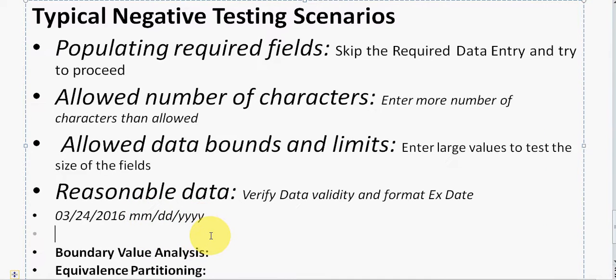Now there may be situations in some countries where the date comes first, then the month, and then the year. So here the month is 3, the date is 24, and the year is 2016. Now if there is a user who is using this format, then it's 3/24/2016, so the month is 24, which is invalid. So you have to consider the users' point of view also.